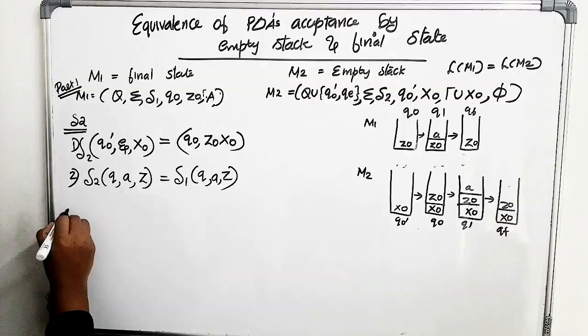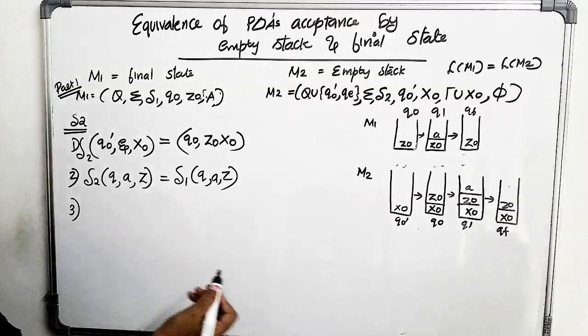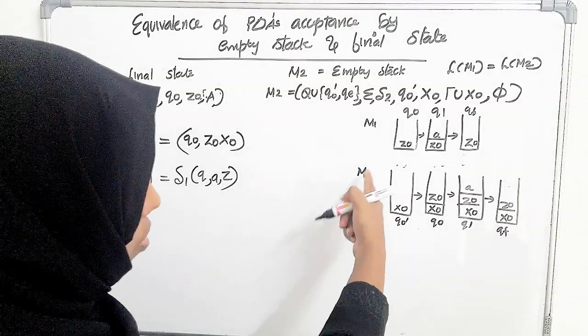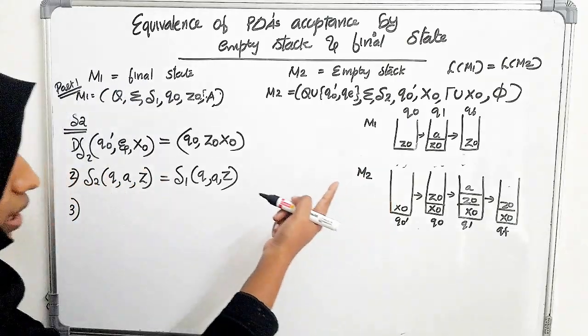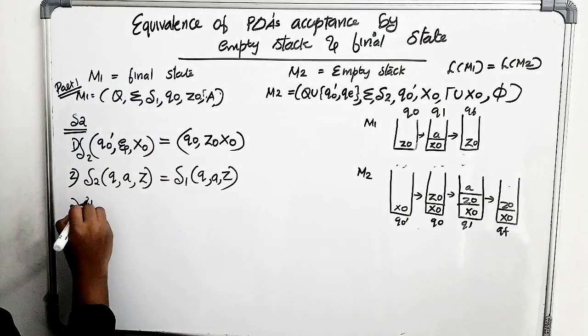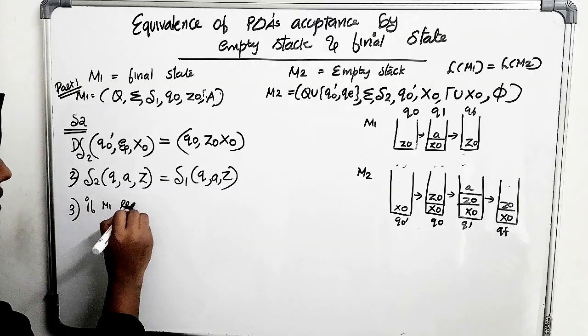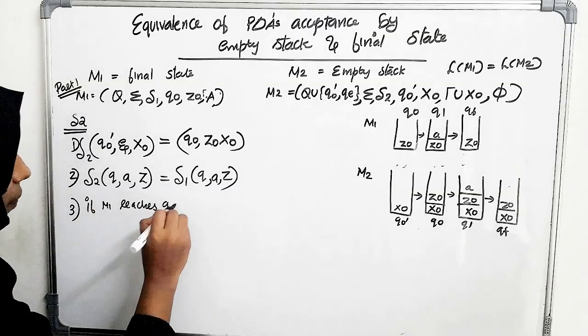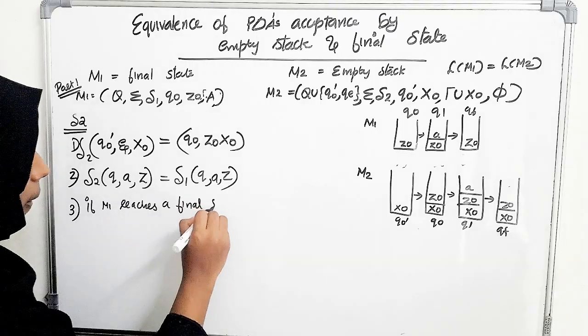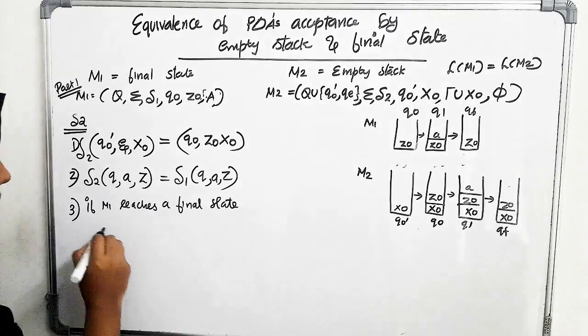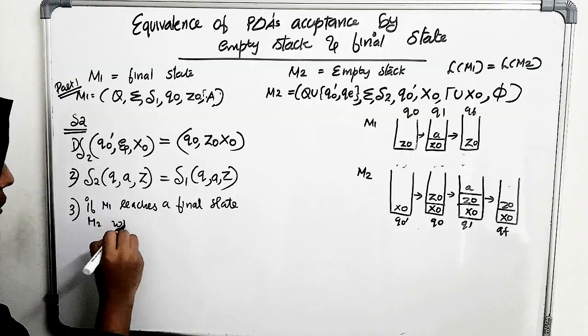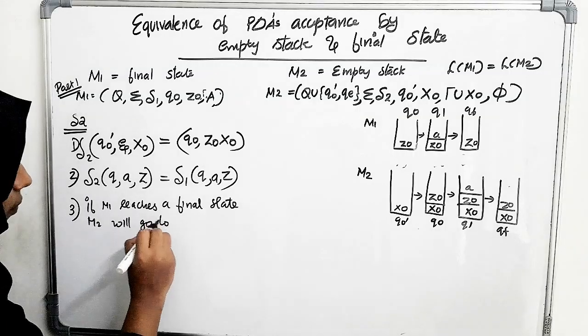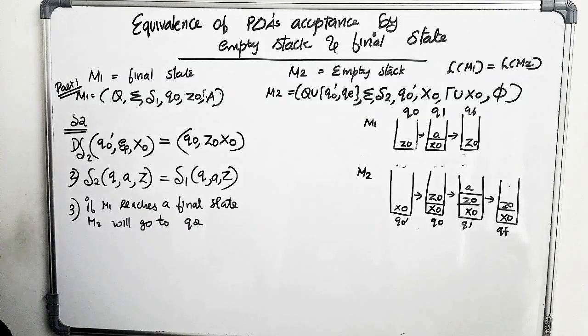Now what happens is, if M1 reaches a final state, then M2 will go to the state QE, the erasing state, which is a final state.